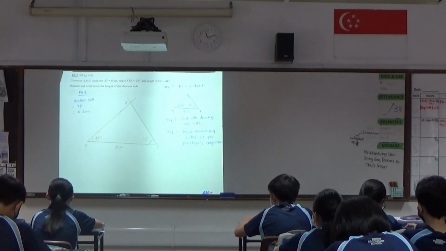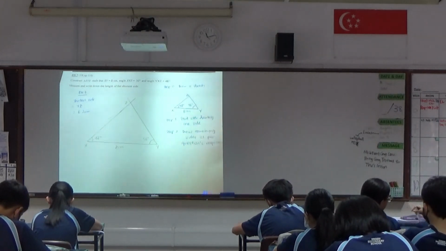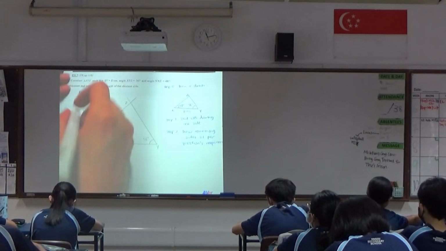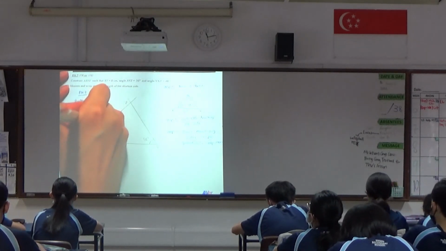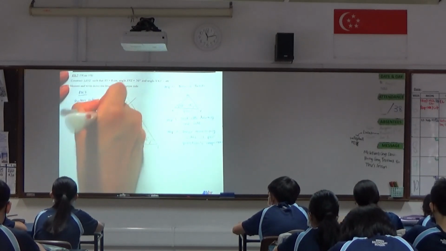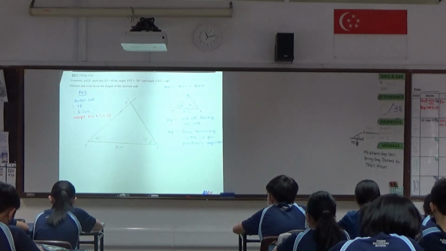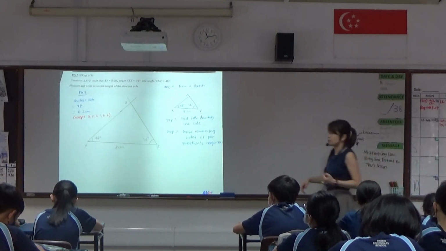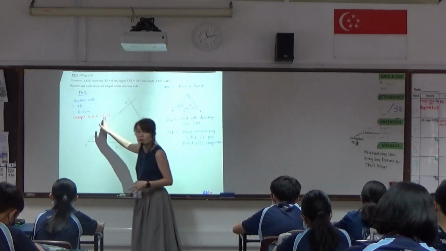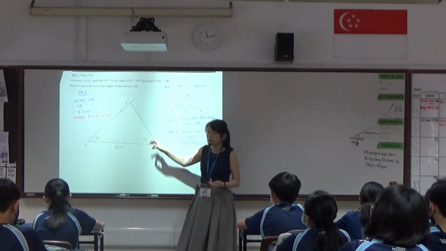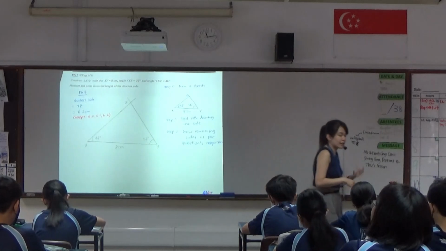Okay, acceptable answers will be 6.0, 6.1, otherwise 6.2. Okay, if yours is not 6.0, 6.1, or 6.2, you may need to recheck your working over here. Okay, you might not have drawn it accurately.